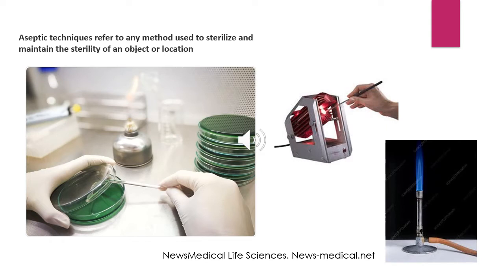Using sterile loops here or nichrome loops, make sure that they are sterilized by flaming them in loop sterilizers or a Bunsen burner to ensure that all microorganisms are destroyed. You do this before and after inoculation of microorganism in solid or liquid media.